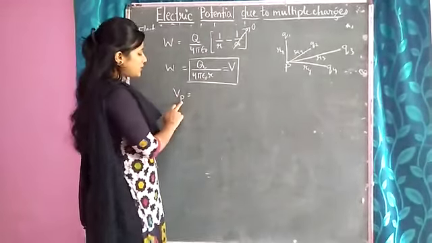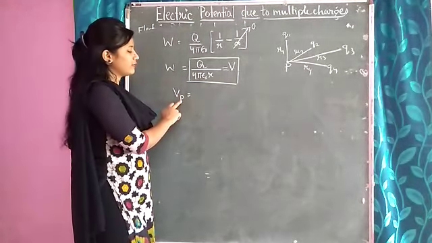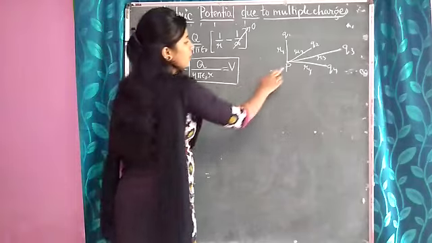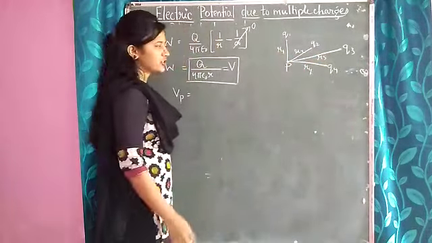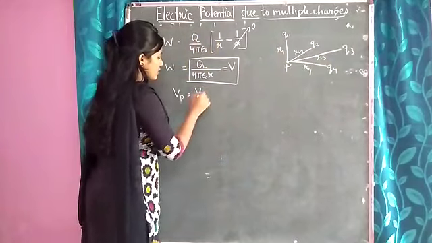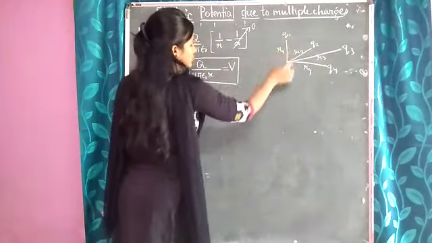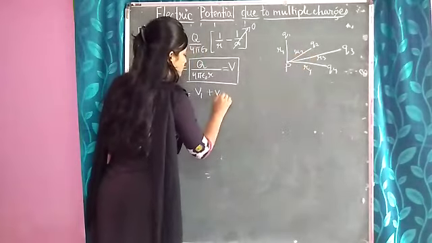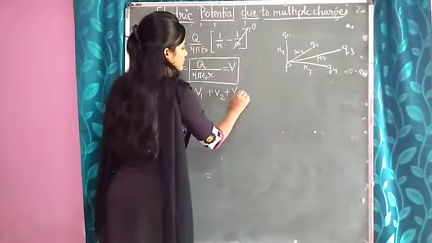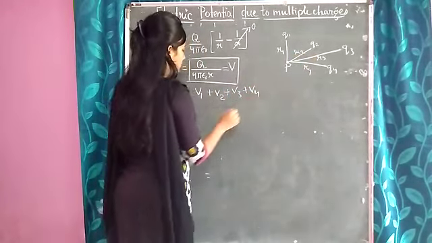The electric potential at point P is the sum of the electric potentials due to all the charges. That means I will write the potential due to charge 1, V1, plus the potential due to charge 2, V2, plus V3 plus V4.